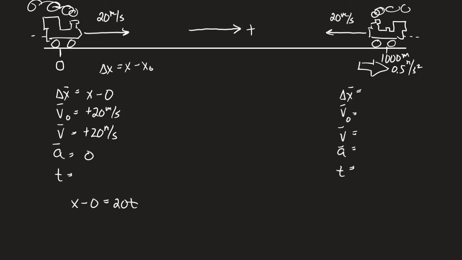Ready for train number 2? Excellent. x minus 1,000 meters. v naught, negative 20 meters per second, right? It's traveling to the left. So I need to make sure I choose the appropriate sign for my velocity. My picture makes it clear, which is why I would encourage you to use a picture like this. Final velocity unknown, but acceleration positive 0.5 meters per second squared.